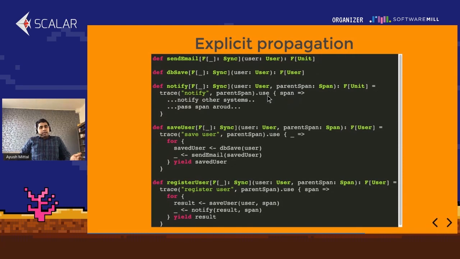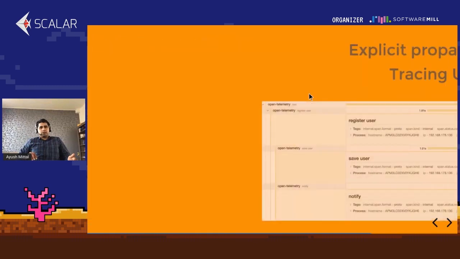The span that is created by the trace method can be used to pass the span to child methods like we are doing here, or it can be used to pass span information in a remote procedure call or HTTP calls. We can do anything with this new span now. So this is manual propagation. We are explicitly passing the span from one place to another as method parameters.